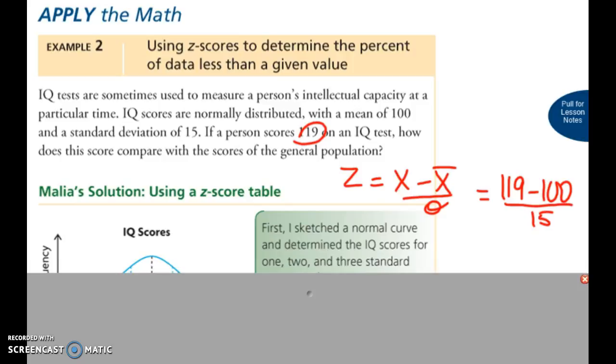So if we go 119, subtract 100, divided by 15, we get 1.266. So that means he's above the average by 1.266. A z-score of that. And I'll show you how we can find the percent, so what that means in a percent.